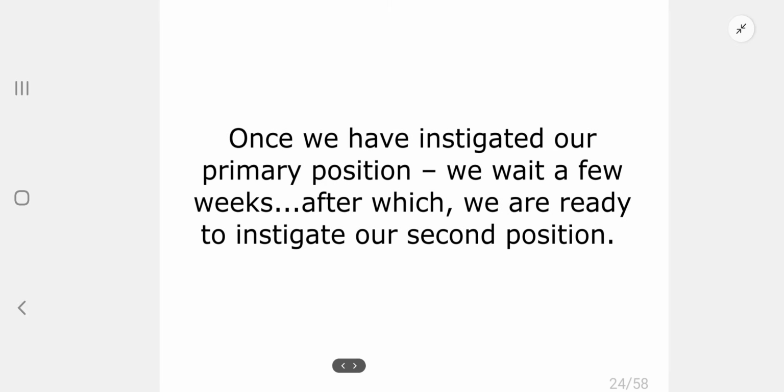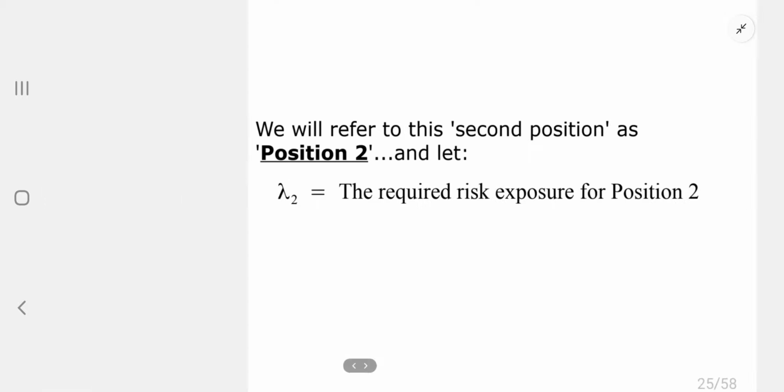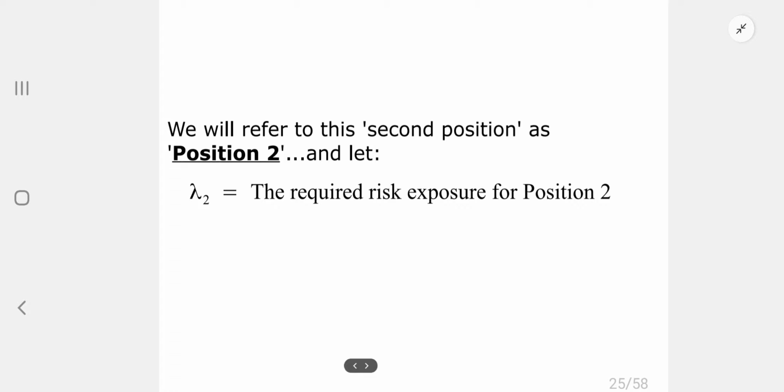Once we have instigated our primary position, we wait a few weeks, after which we are ready to instigate our second position. We will refer to this second position as position 2, and let lambda 2 equal the required risk exposure for position 2.